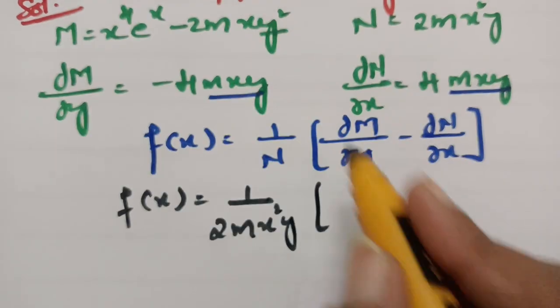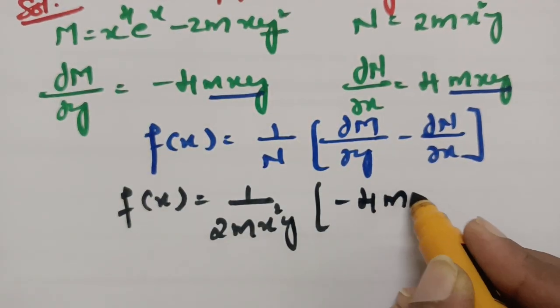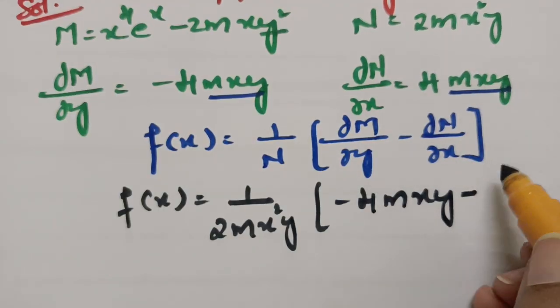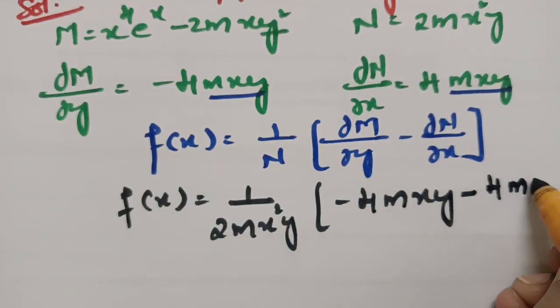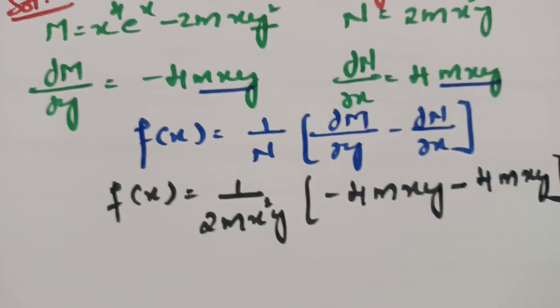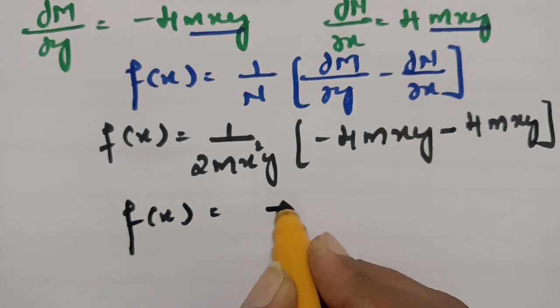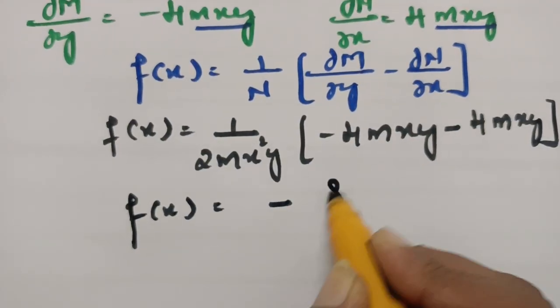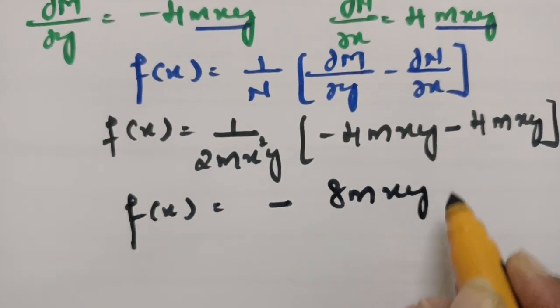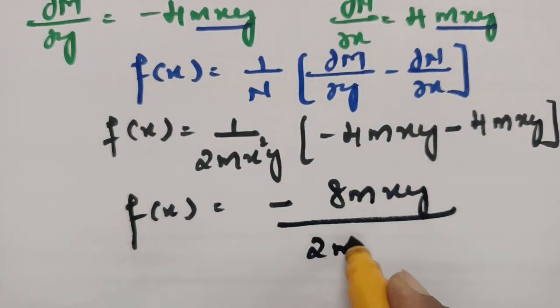What is dou M by dou y? This is minus 4mxy minus dou N by dou x value, which is minus 4mxy. Clear? Minus 4mxy. So f of x value is equal to minus 4 minus 4, this is minus 8mxy divided by 2mx square y.